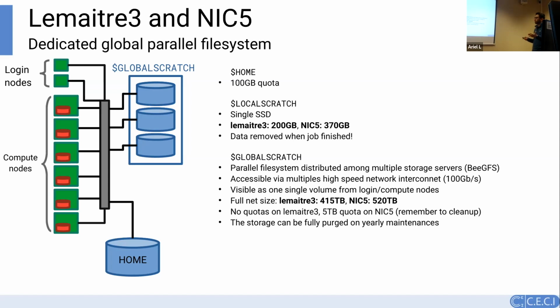For that reason, when these machines were acquired, it was decided to invest part of the acquisition in a big dedicated parallel file system. Because you can imagine this kind of solution is more expensive than just a single machine providing a network file system.